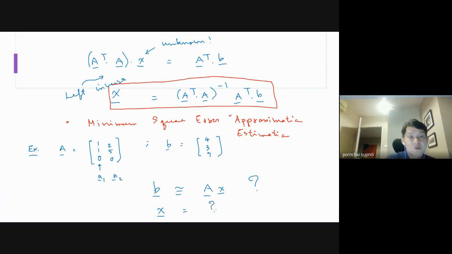So we will use this result from this page, from this solution, to approximate. So we can just write X is equal to the inverse of A transpose multiplied with A, and multiply with A transpose multiply with B.